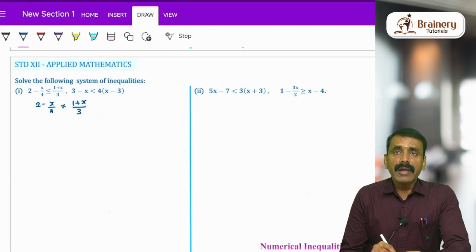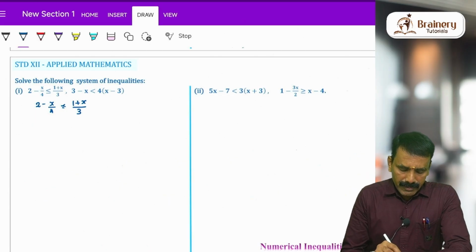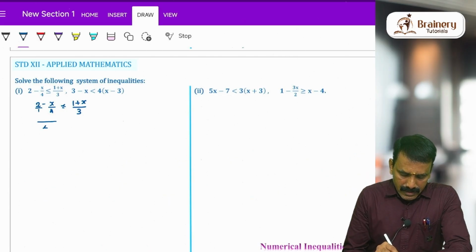On the right hand side we have the common denominator 3, but on the left hand side we have the denominator only for the x term. So we simplify that by taking LCM, which will be 4. So 4 multiplied with the 2 is 8, and 1 multiplied with x, so it will be (8 minus x)/4 less than or equal to (1 plus x)/3.